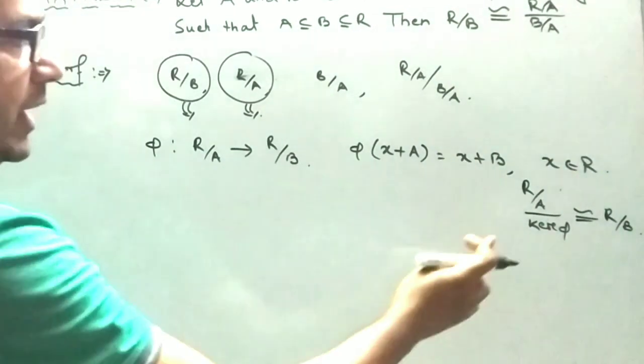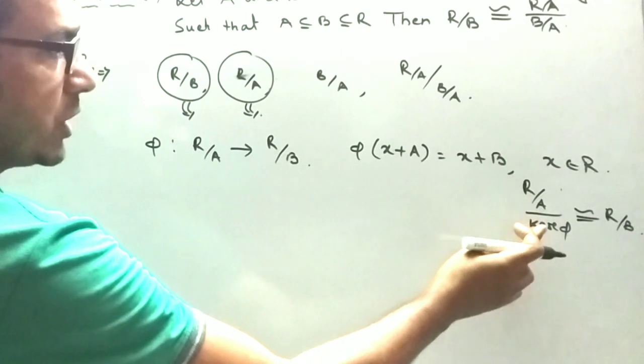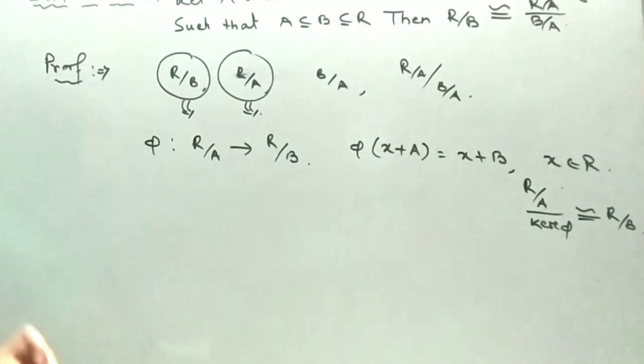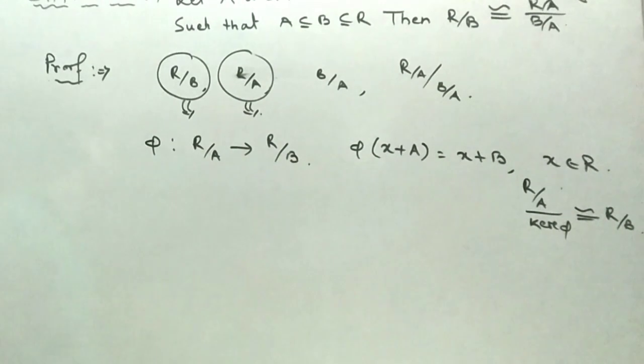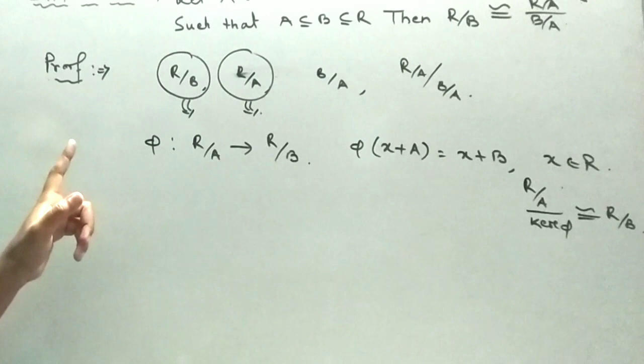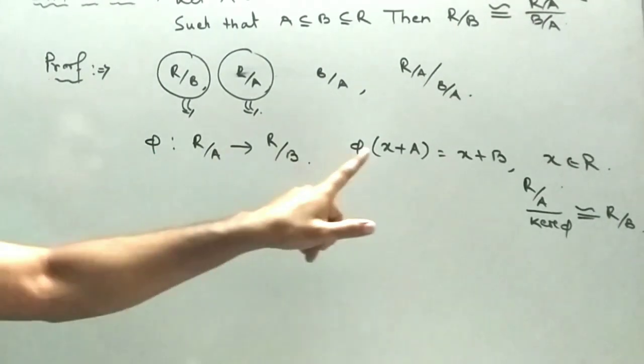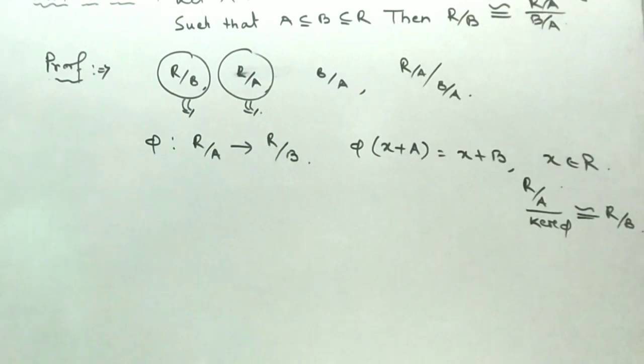Okay, and now we try to prove ker phi equals B/A. Then we complete the proof of this theorem.